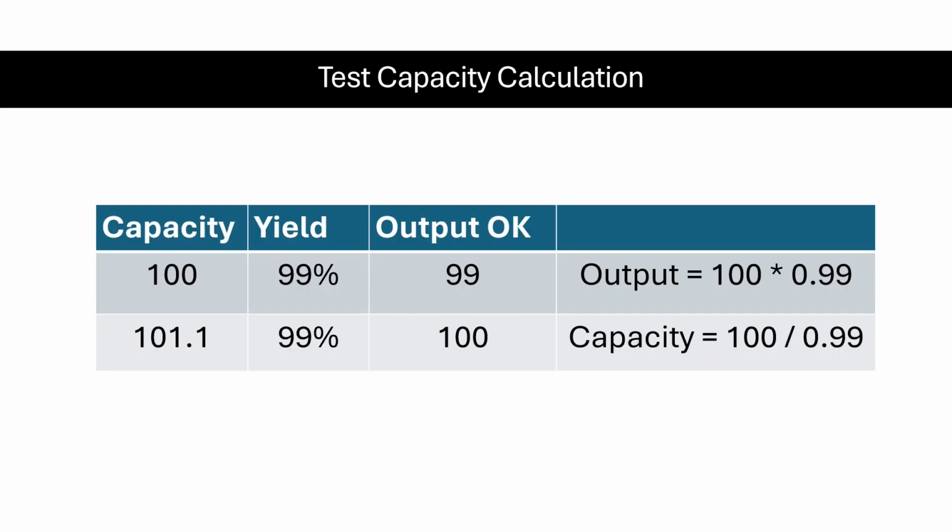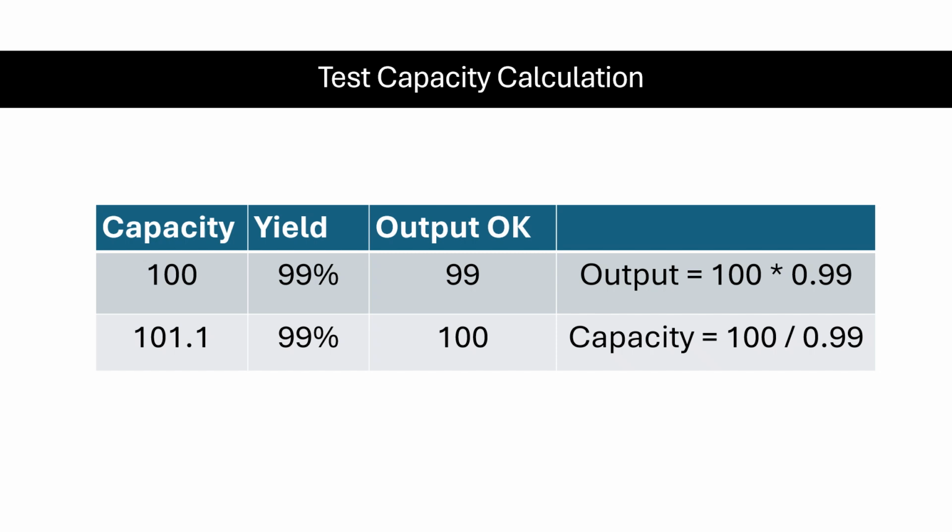How much test capacity do we need in this case? We can calculate this without the need for simulation. In this case, when we test 100 units, only 99 come out OK, we have multiplied 100 by 0.99. If we need an output of 100 items OK, how many do we need to test?